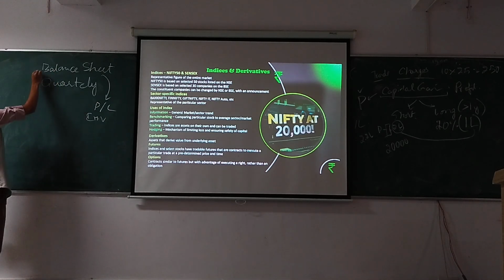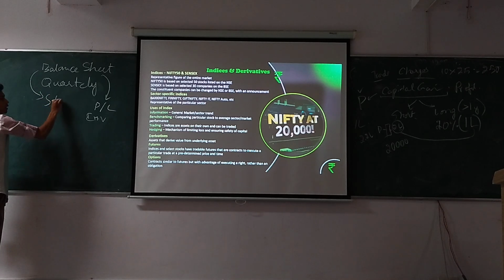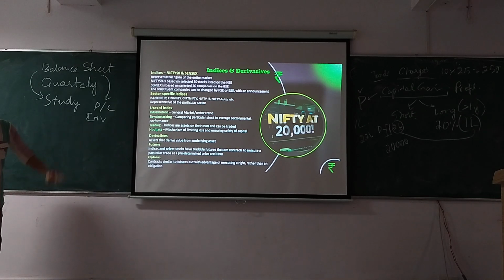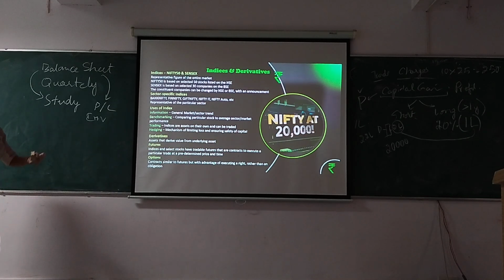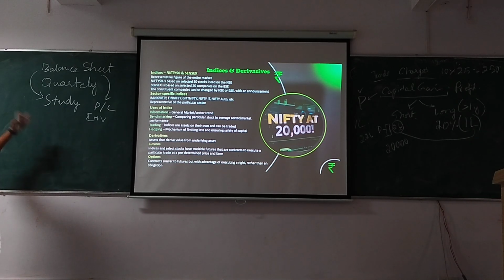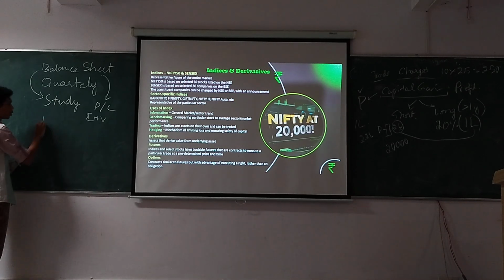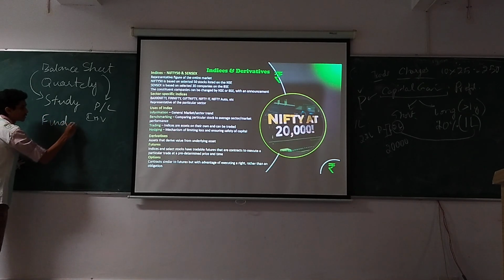Now, when you study a balance sheet and you assess the company, if they are making consistent profit, it means the fundamentals are good for the company. When it is consistently making losses, fundamentals are bad. So this is what we call fundamental analysis.